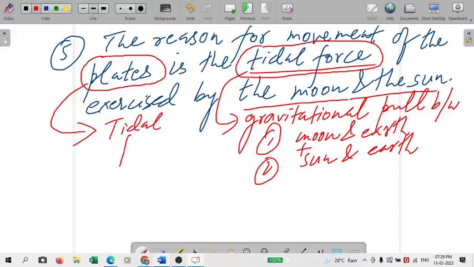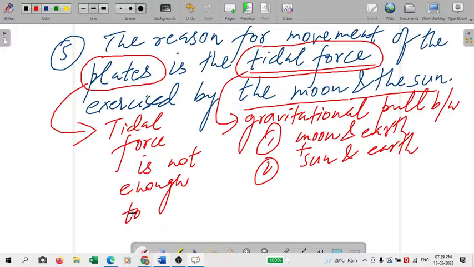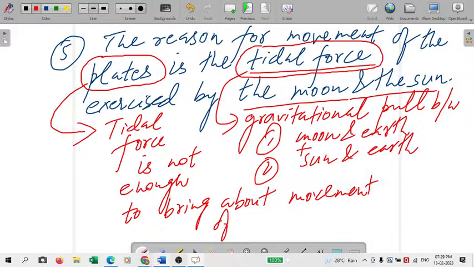What did the critics say in reply? The critics said that tidal force is not enough to bring about movement of solid landmass. It is not enough.